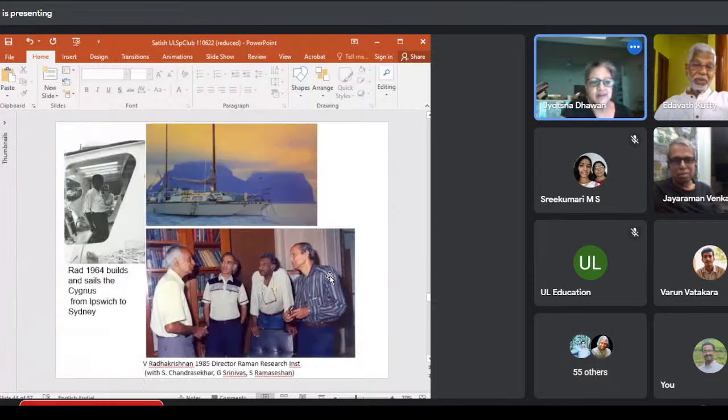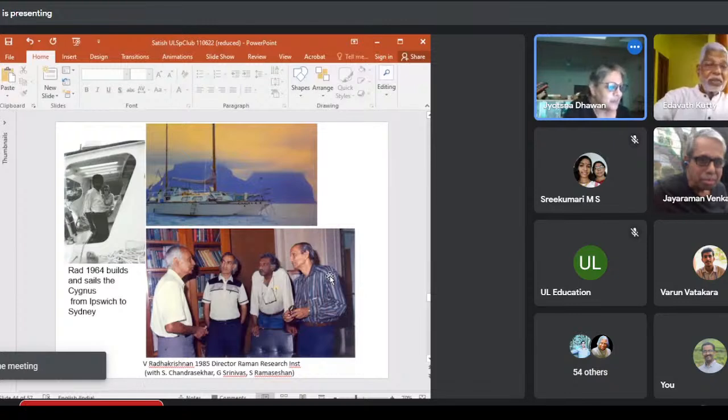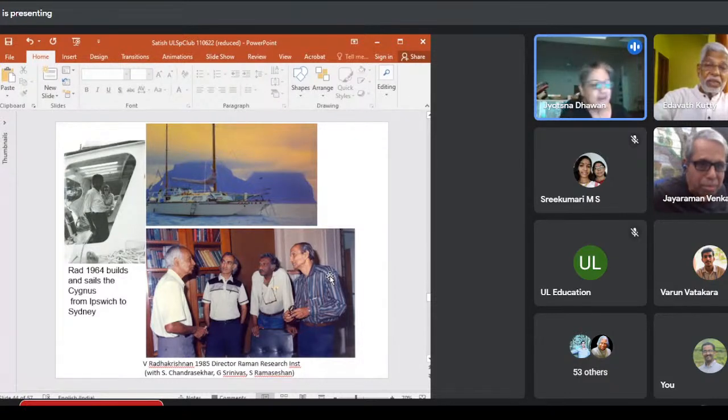I'm very sure that Rad, who built and sailed a boat, a trimaran, all the way from Ipswich to Sydney with only 2 other people on board, this is the epitome of adventure. Can you imagine this young man thinking that he would return to India to head the Raman Research Institute and be remembered as the creator of a unique institutional model?